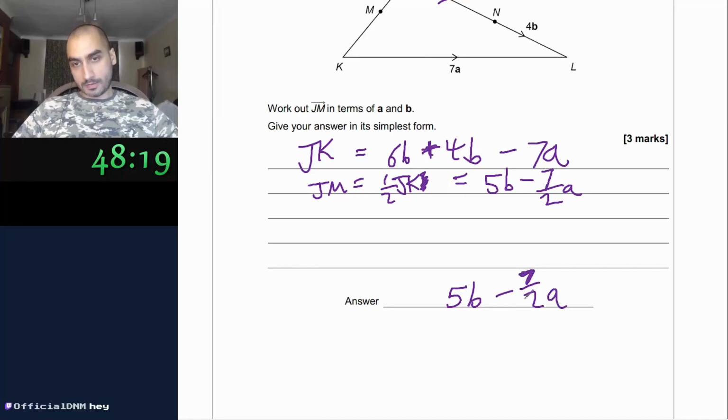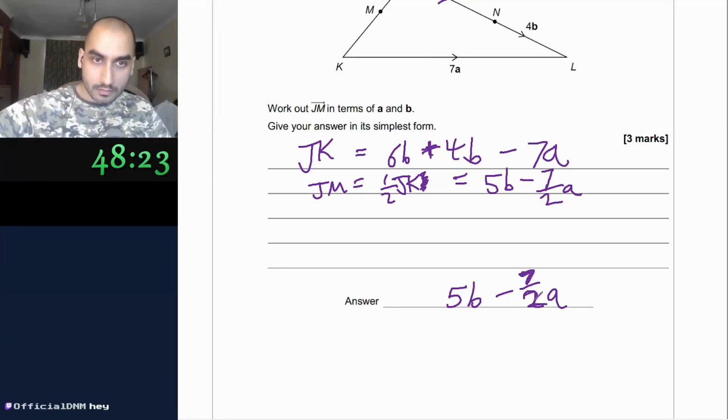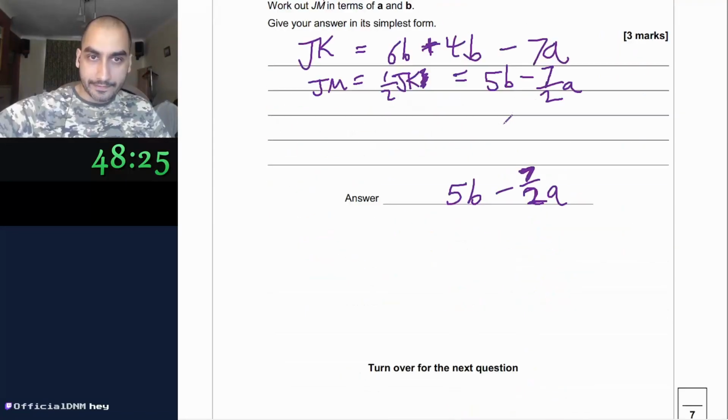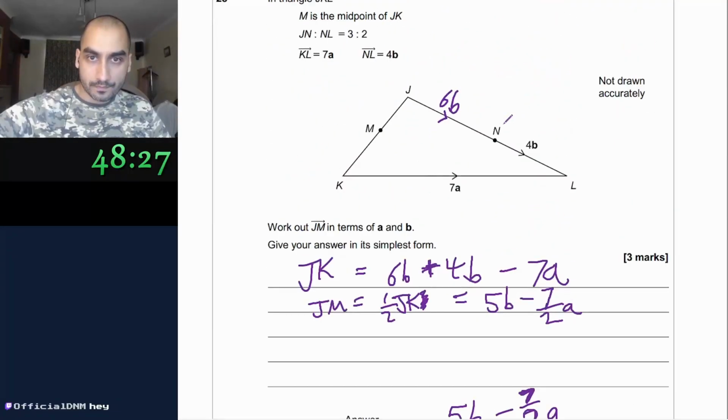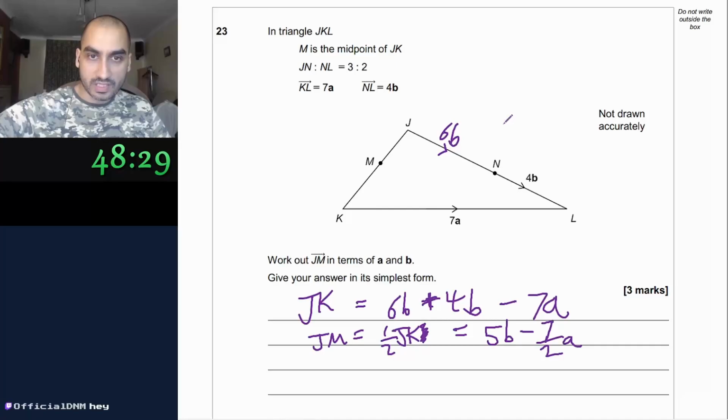Seven over 2 A. I mean, the numbers work out pretty nicely there, don't they?